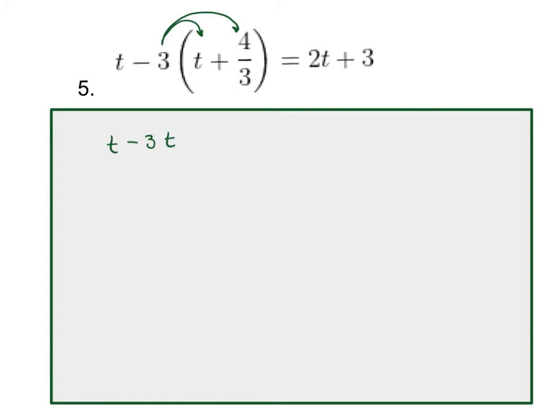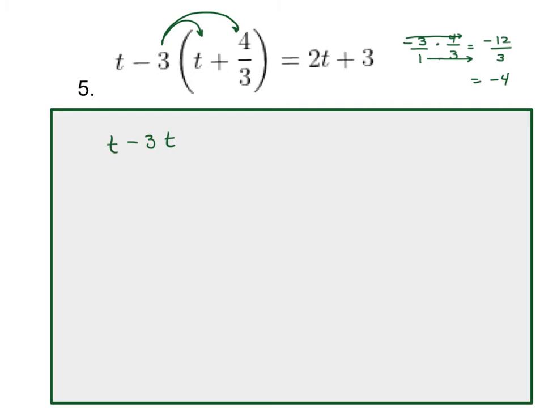When you take negative 3 times 4/3, remember that negative 3 is over an implied 1, so it's really negative 3 over 1. And we just multiply straight across. So it's negative 12 over, multiplying straight across in the denominator, 3, which is just negative 4. Okay, so negative 3 times 4/3 is negative 4.